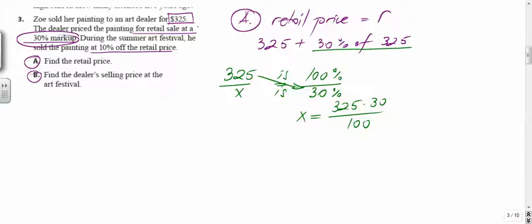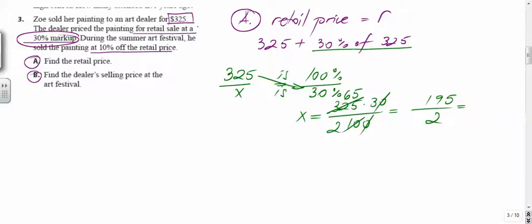Okay? Obviously, you can simplify by 10 right away. You can also simplify by 5, right? 5 goes in 10 2 times. 5 goes in 30 6 times, in 25 5 times, right? So what you have here, 65 times 3, 3 times 5 is 15, 3 times 6, 18 plus 1, 19, right?